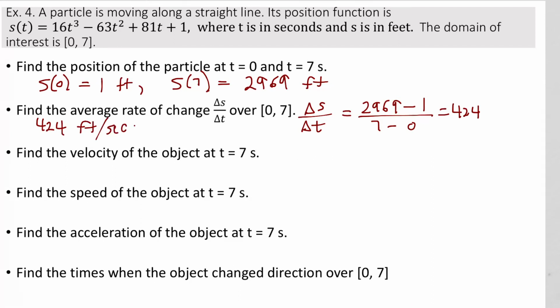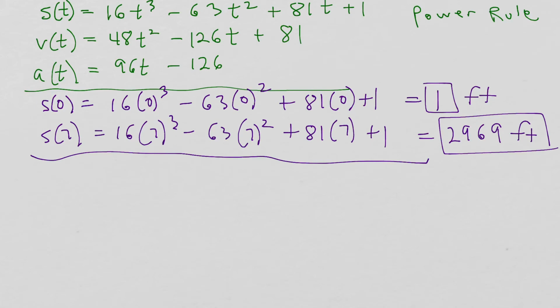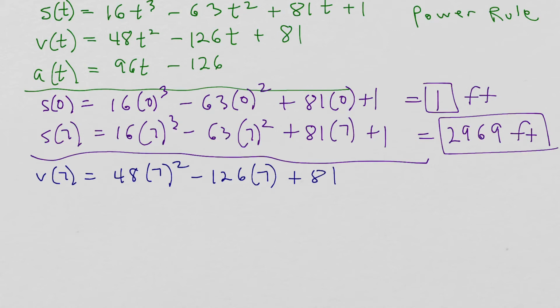Next we want to find the velocity of the object at t equals 7 seconds. That means we're just going to substitute 7 into the velocity function. So v of 7 would be 48 times 7 squared minus 126 times 7 plus 81.